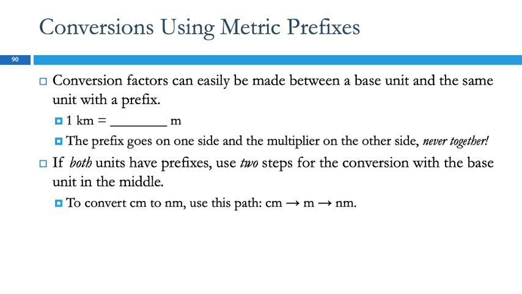So what about those metric units? The prefixes in the metric units make it very easy to create unit equations or conversion factors. So here, if we want to find a conversion factor between kilometers and meters, well, 1 kilometer is 1 times 10 to the what? 3.